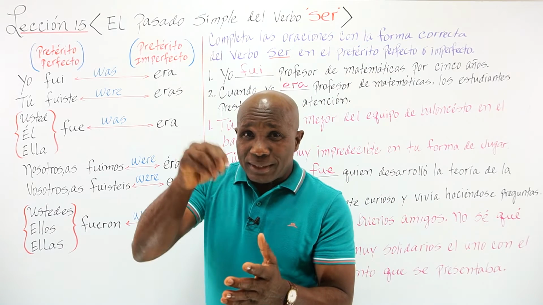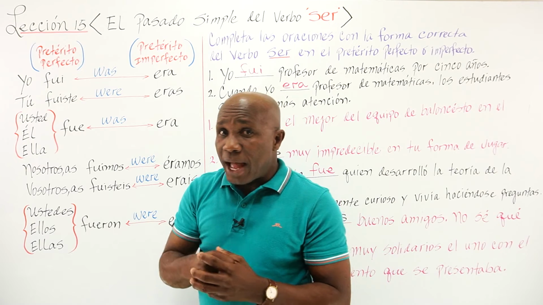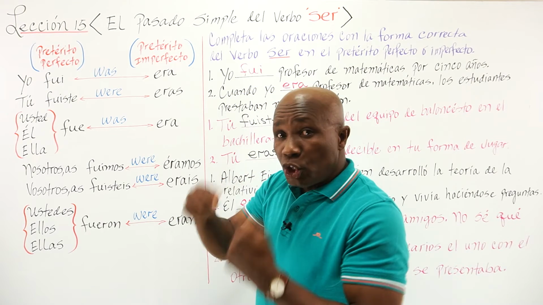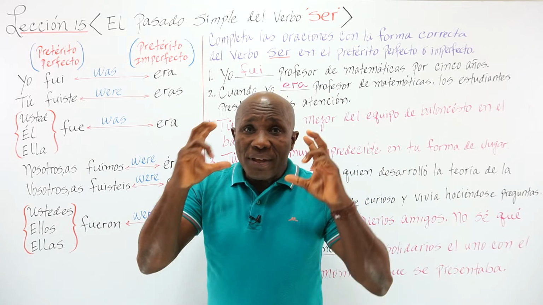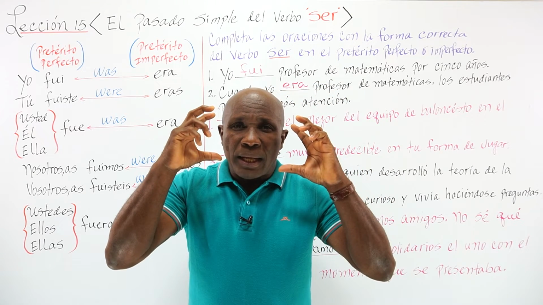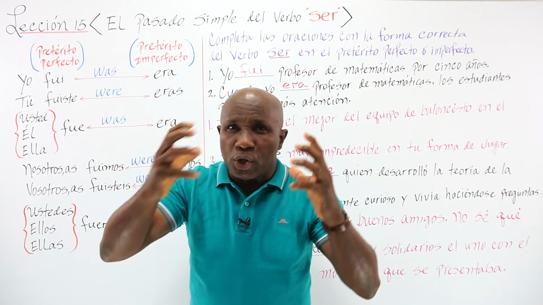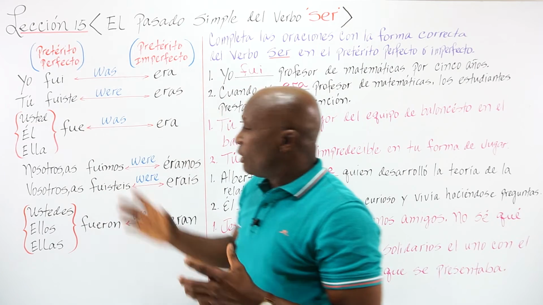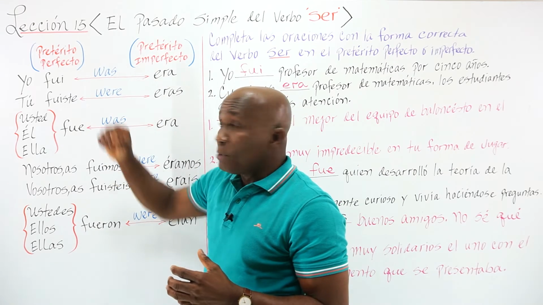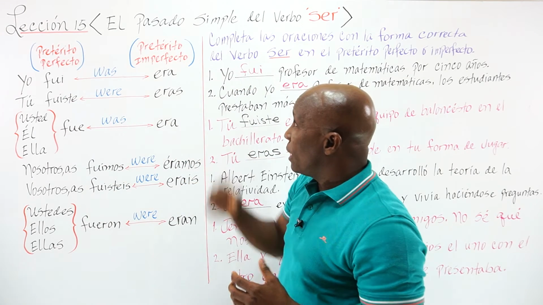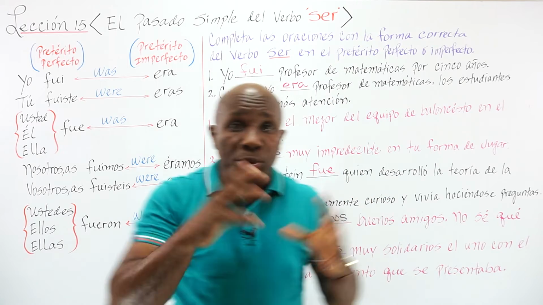So that's the pronunciation. I hope you can get that down. You can grasp that, right? You can continue to practice that. That's the correct pronunciation. And having already the semantic perspective of the use of the verb ser in the two aspects, preterit perfect and preterit imperfect, we can put it into practice here.